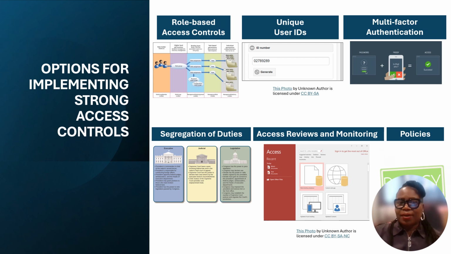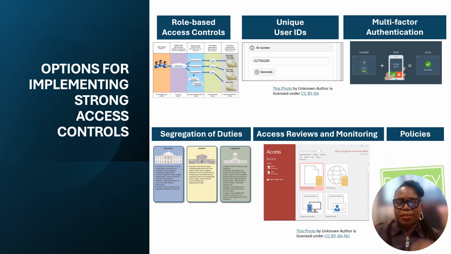There should be segregation of duties. SOD, segregation of duties, helps separate conflicting duties to prevent one individual from having just super user and superpower and unchecked control over critical systems or processes. So segregating those roles and responsibilities ensures that no single person can perform all of the high-risk actions without any oversight.